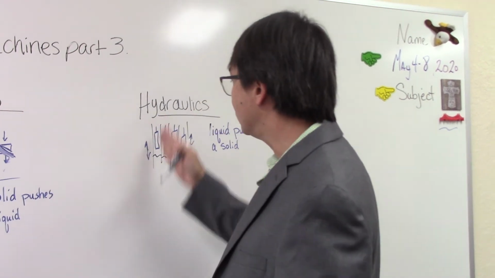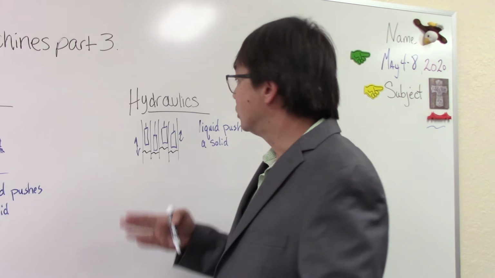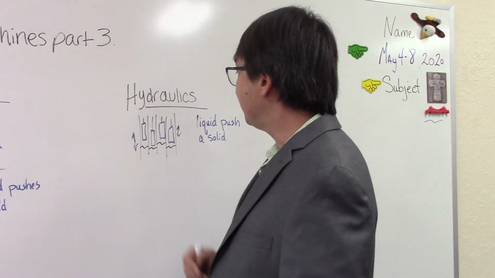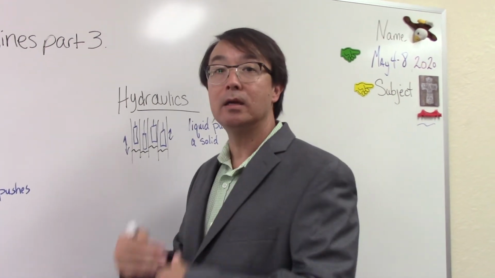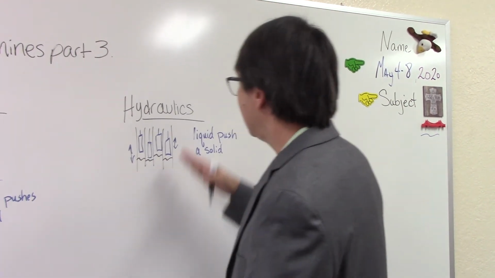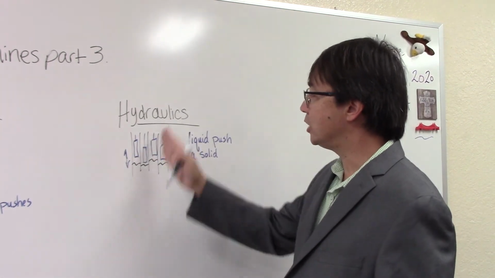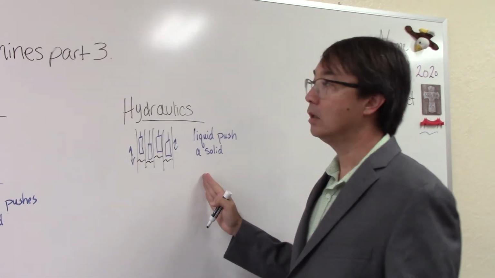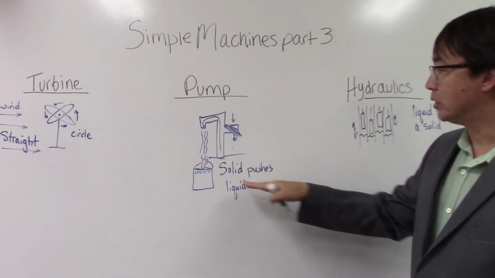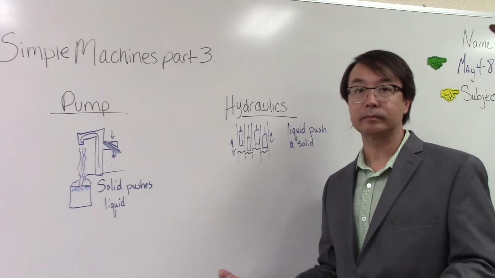The pistons don't touch the side because they're all oily and greasy. Right? So by keeping those moving smoothly keeps your car from getting too hot and burning up the engine. So hydraulics is the idea of liquid pushing the solid. Okay? Pump, solid pushes liquid. Hydraulics, liquid pushes the solid.